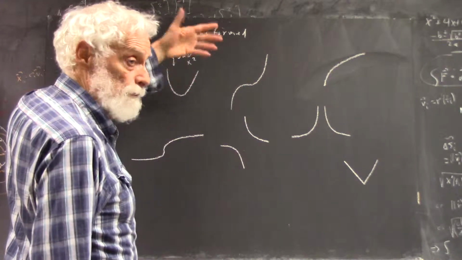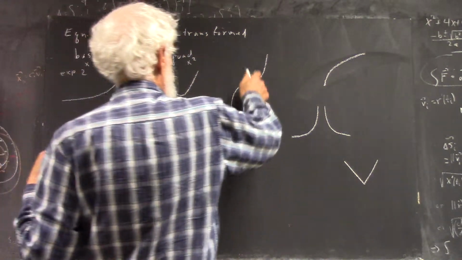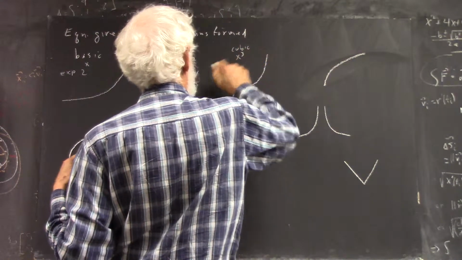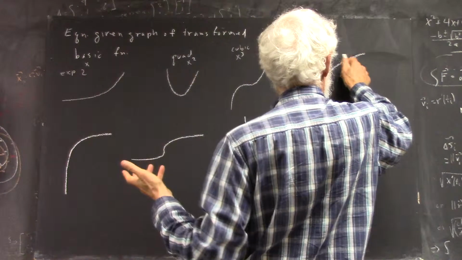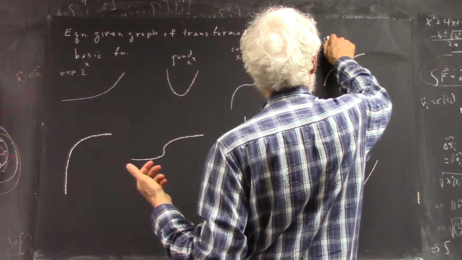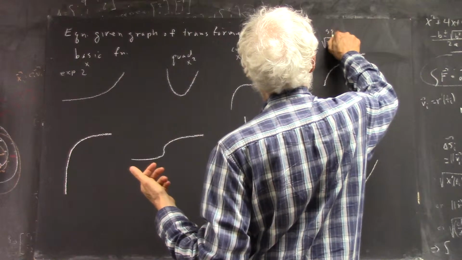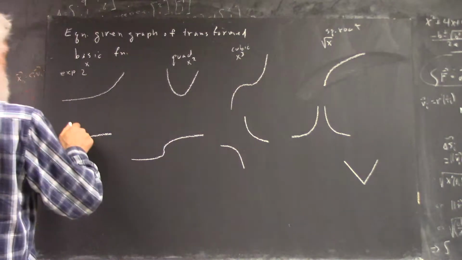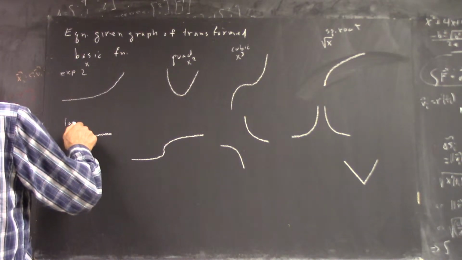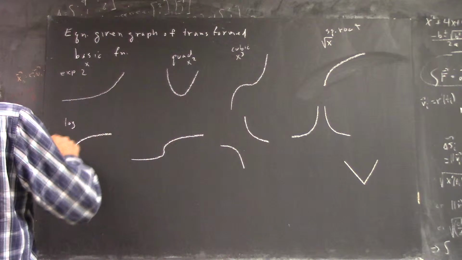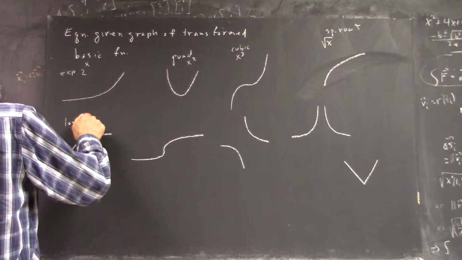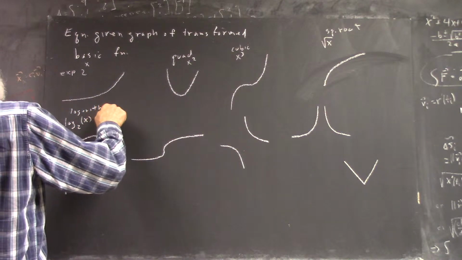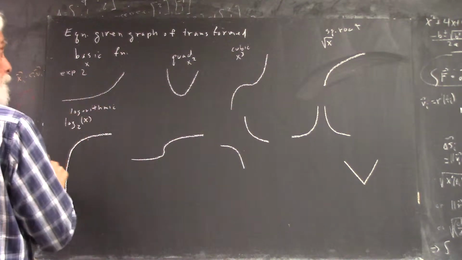I'm just writing down the formula part. This would be cubic, the x cubed function. This is the square root function. This is a logarithmic function, which is this, and this function's inverse to this one.